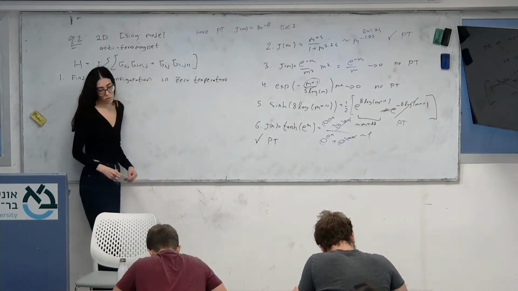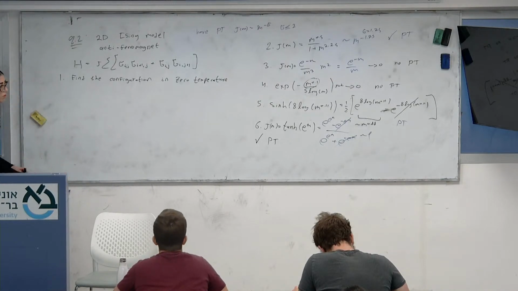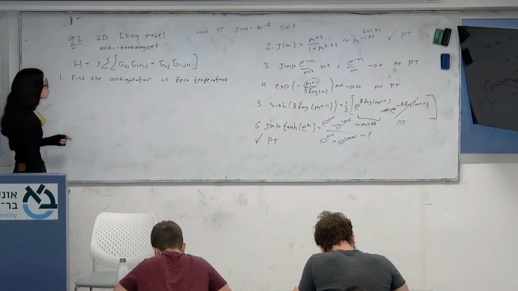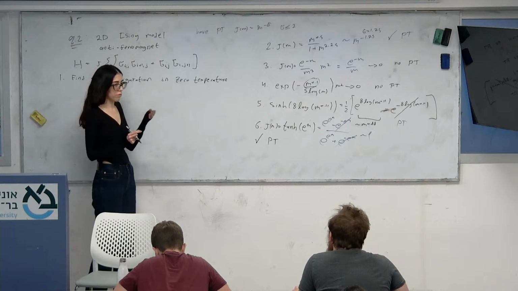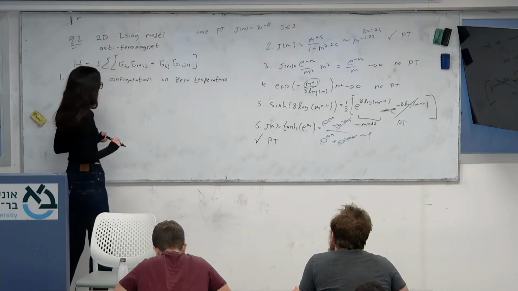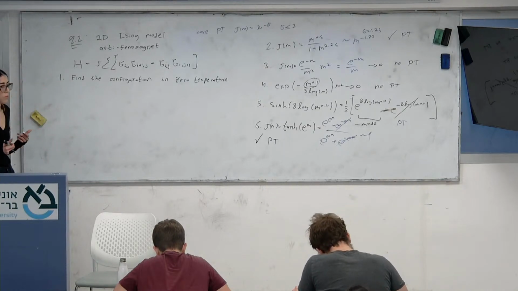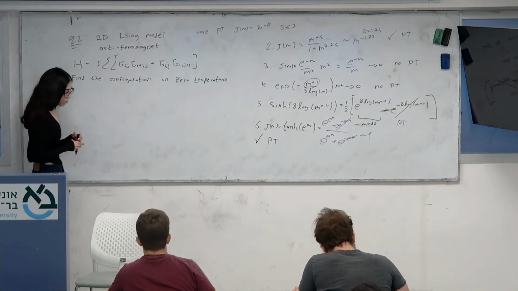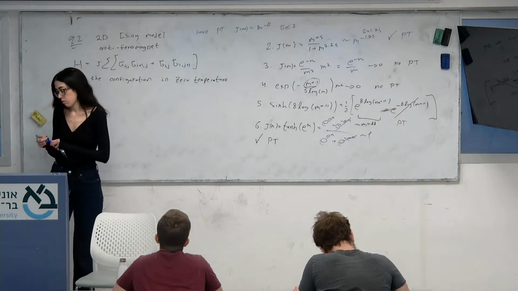If we have 0 temperature, we don't have fluctuation, so everything goes to the ground state. If we had ferromagnets, then it would be trivial, all of the spins go either up or down. But here we have anti-ferromagnets, so it's going to be something like that.